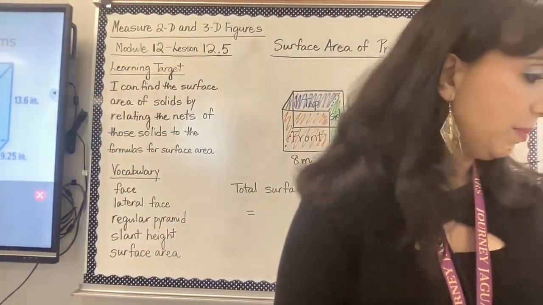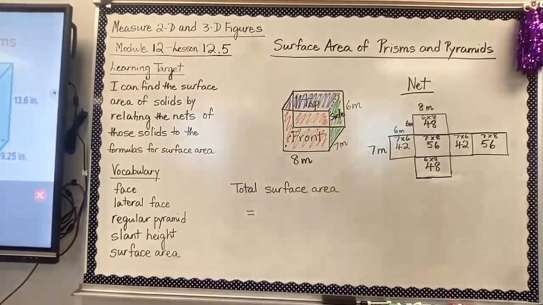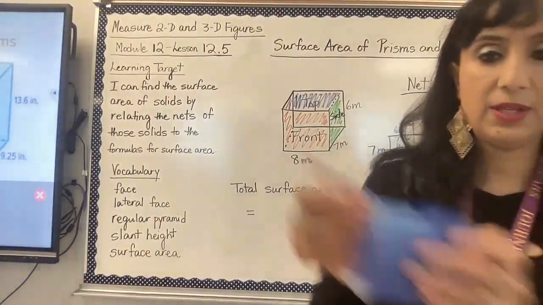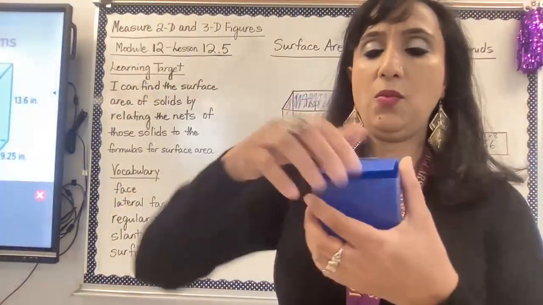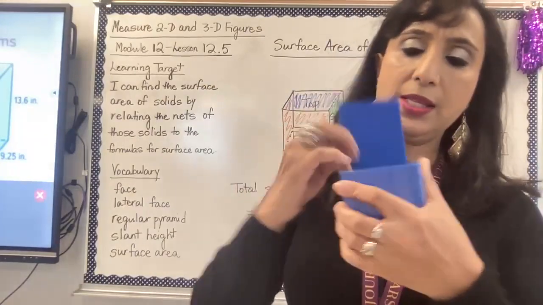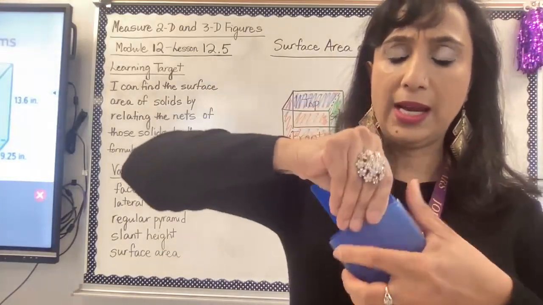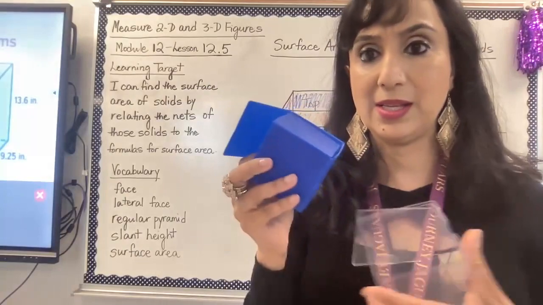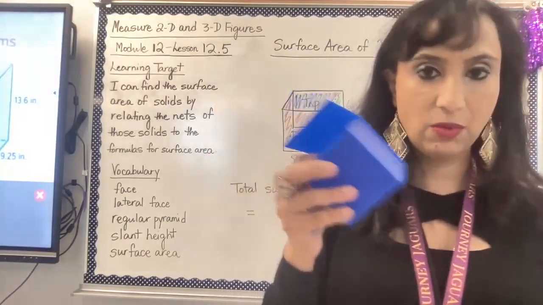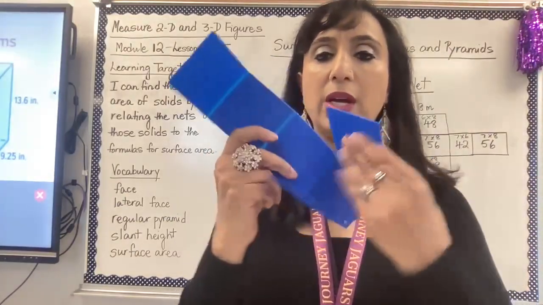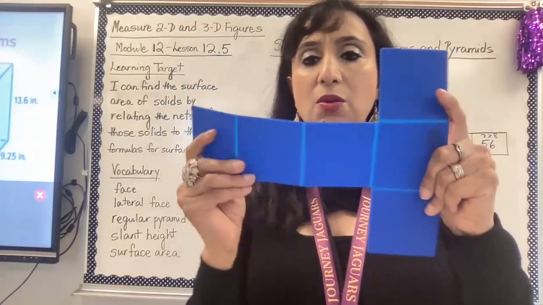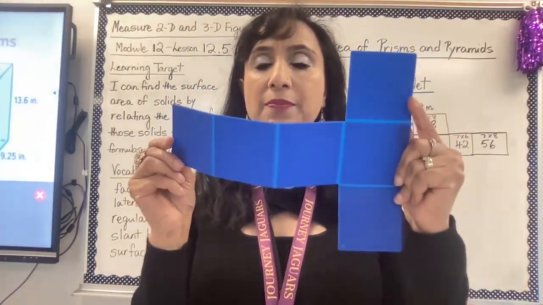Let me show you a cube. Again, this is a cube. And when I open this, and I have done an entire lesson on nets, you'll find it in the 6th grade folder, not in the 7th grade one, but I'm just going to show you this really quick. So here is a cube or a square prism.